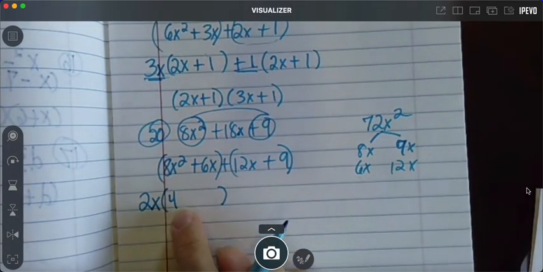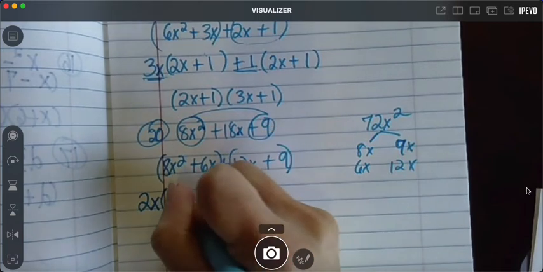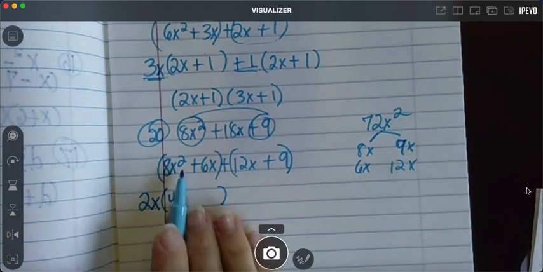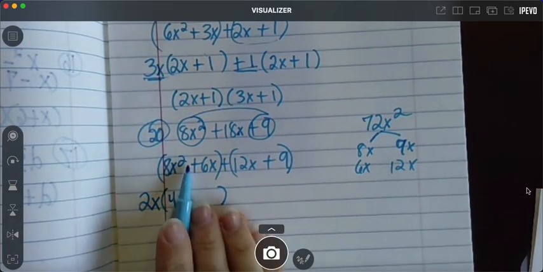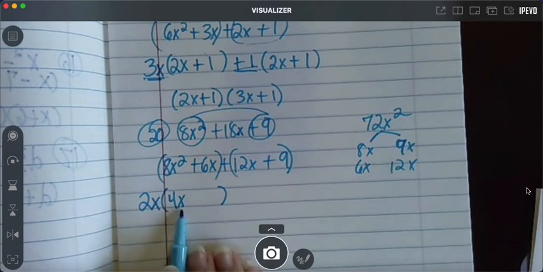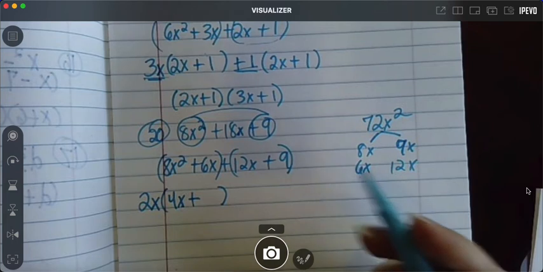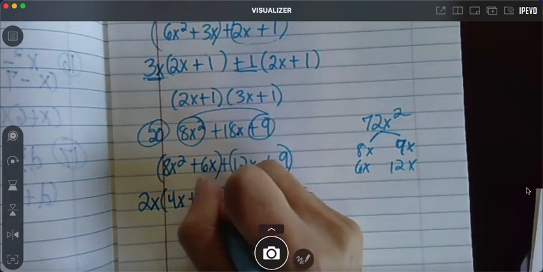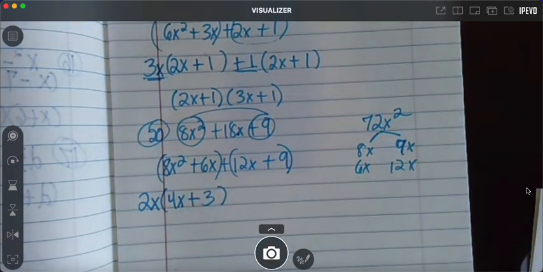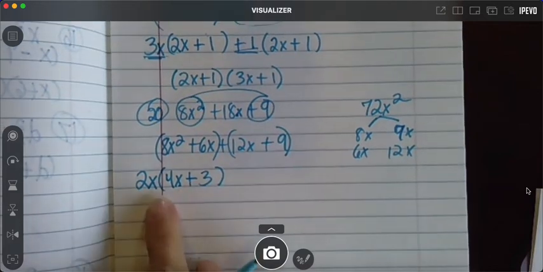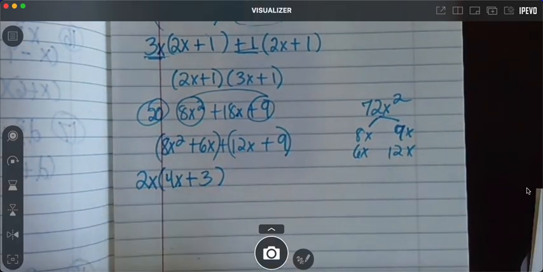And how many x's am I going to write in here? 1. Because x times x is x squared, or 2 minus the 1 is left with 1. Bring down my plus sign. What's 6 divided by 2? 3. And I already factored out that x. That's usually what happens. It usually looks like something times x plus a number.